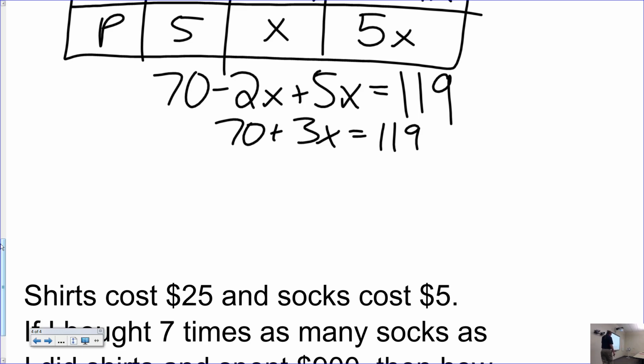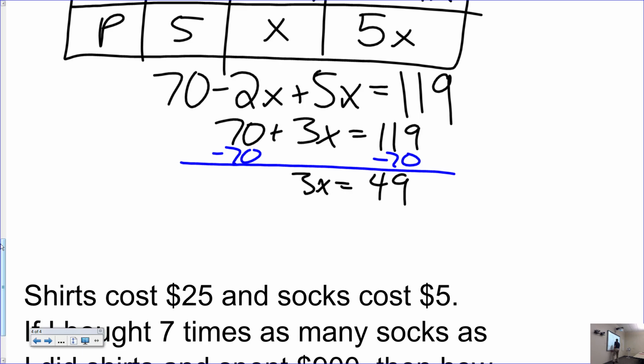What do I do next? Subtract 70 from both sides. 3x equals 49. Last but not least, divide by 3.